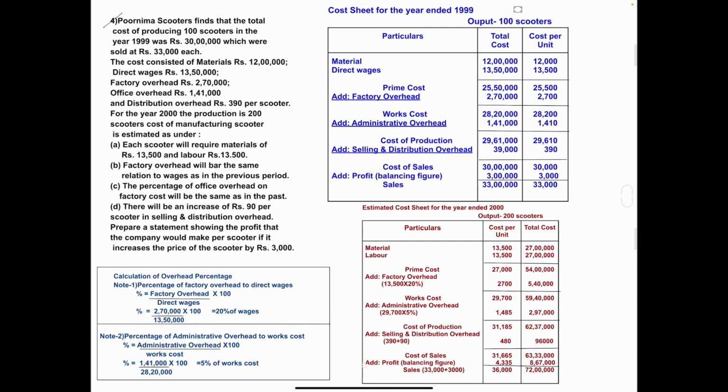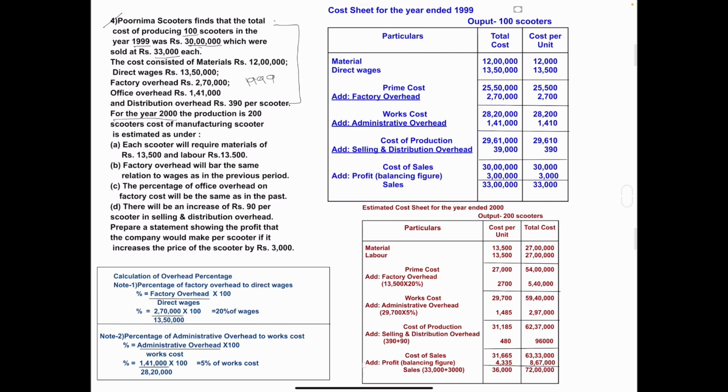So, in the year 1999, they are producing 100 scooters and the cost of production is 30 lakh, and each scooter was sold at rupees 33,000. By taking all this information, we have to prepare the cost sheet for the year 1999.